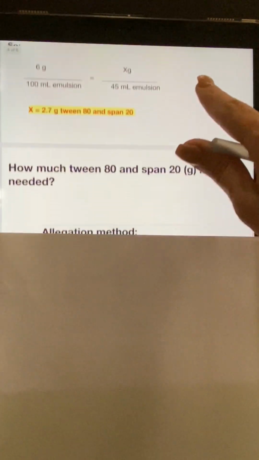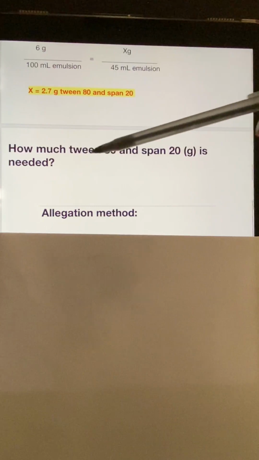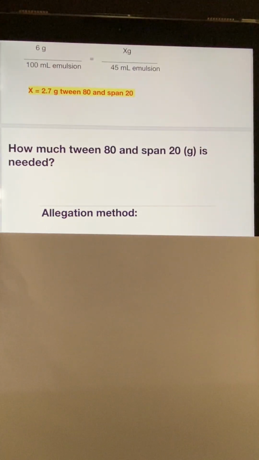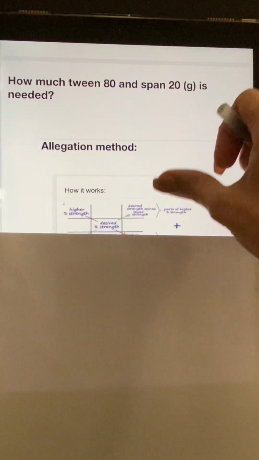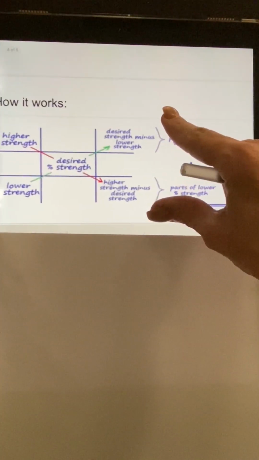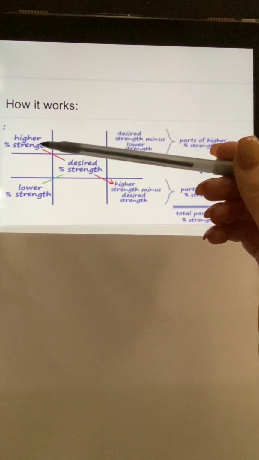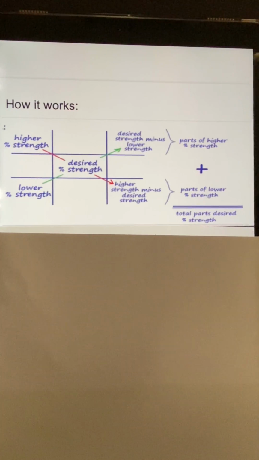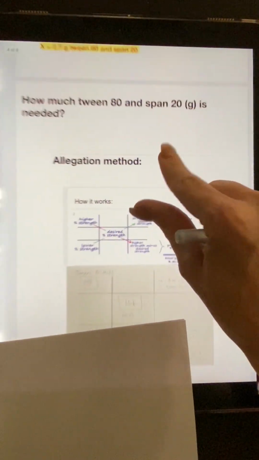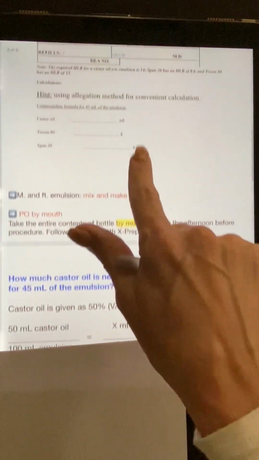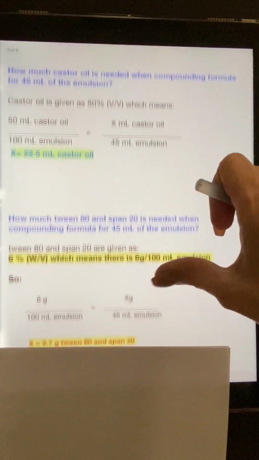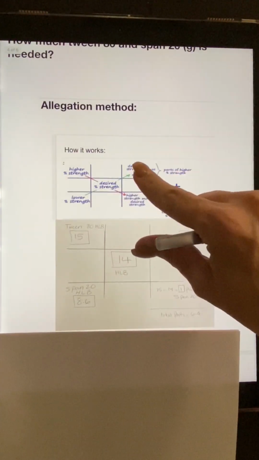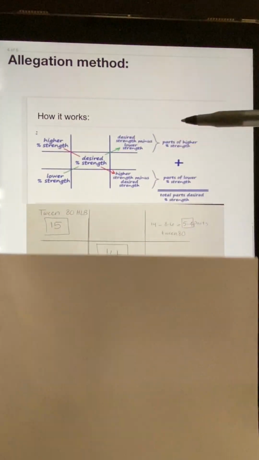The next part is calculating how much Tween 80 and Span 20 we need individually, and that's when we use the alligation method. I included a roadmap of what number goes where. So the HLB numbers that are given right here, right below the prescription in the note part, those are used in the alligation calculation.